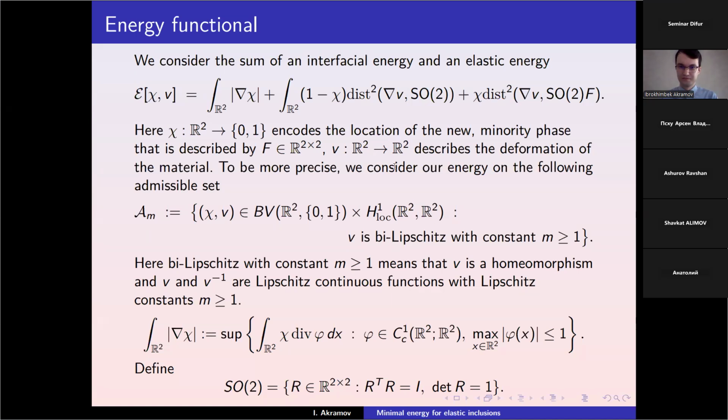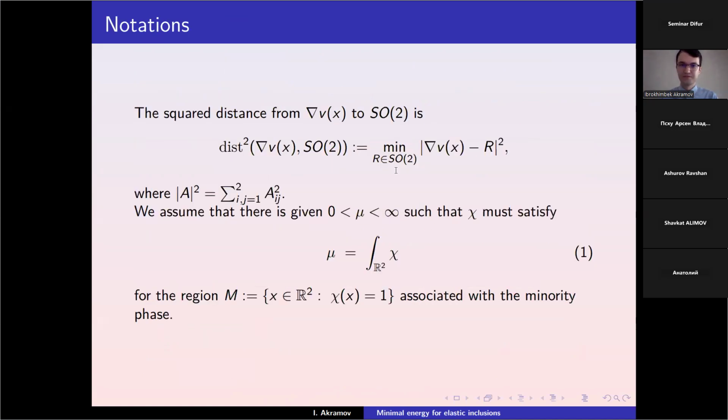Distance squared, because it's a minimum. What is the meaning of the modulus of gradient V minus R? This is the Frobenius norm, the sum of all squares.